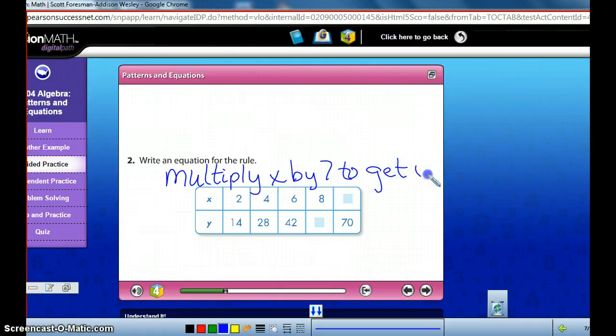They want that written out in words. Then for the next one, they say, do the equation. The equation is y equals 7x. That's the equation part. I should have said all that. It's not a big deal though. But the word form, when it says word form, that's when they actually want it written out in words. They put in my book, multiply x by 7.